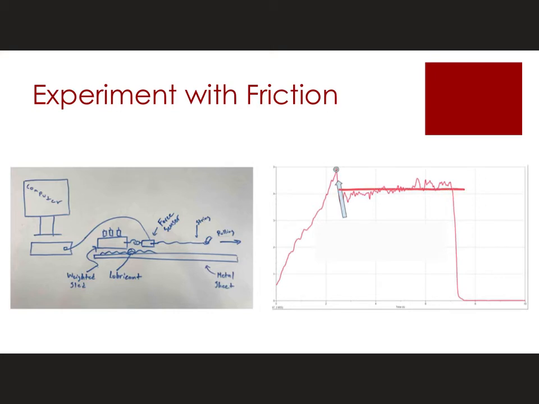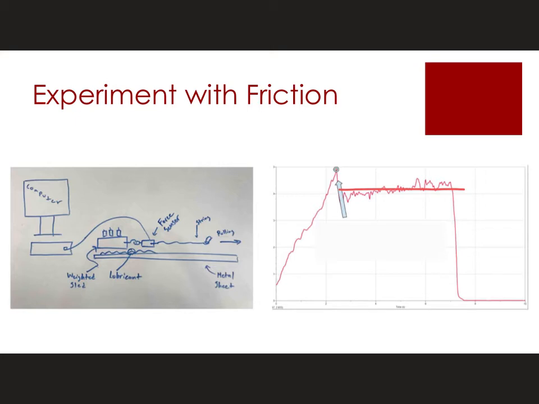It's kind of fairly flat though. So I have a certain amount of friction happening as I pull on the block and it's not moving, and that will increase to a certain value. But then once it is moving, I seem to have a constant value of the force of friction.